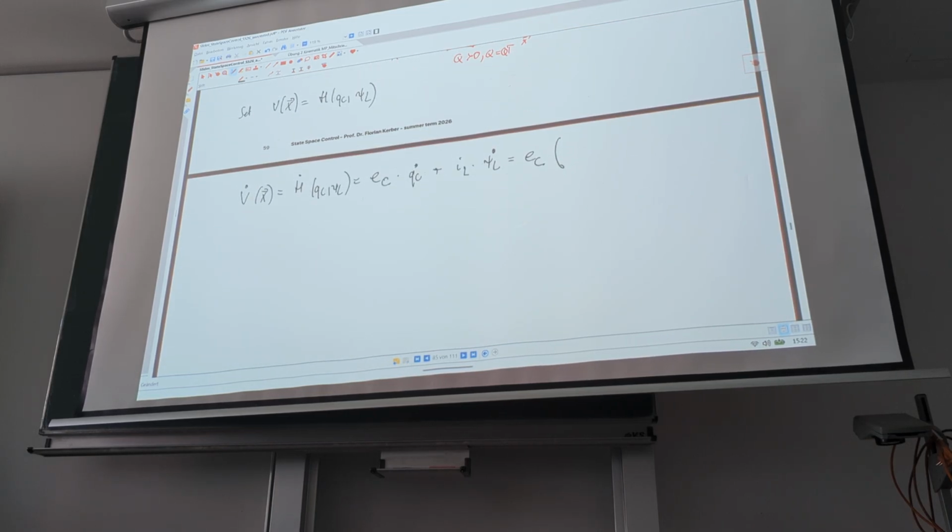So for the Q C dot, I think I already explained, I get a minus E L minus E C over R1 plus the input, which is in our case the current, plus I L, and for phi L dot, we basically get a minus R2 E L plus E C. So just to show where this comes from, this is the Q C dot. This is phi L dot.